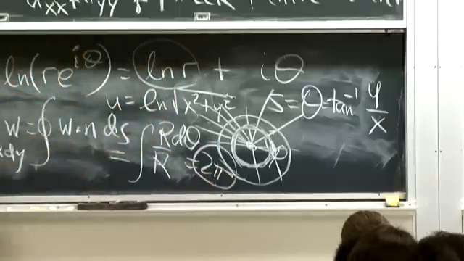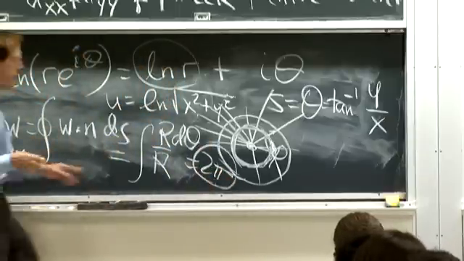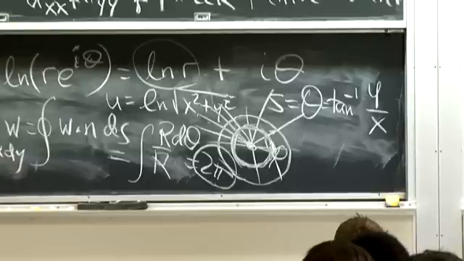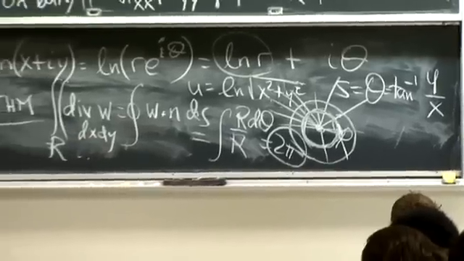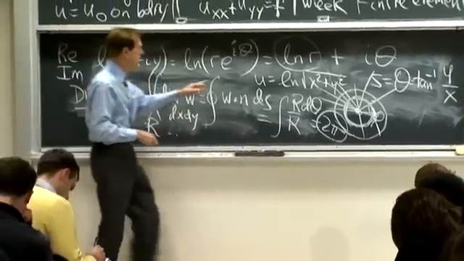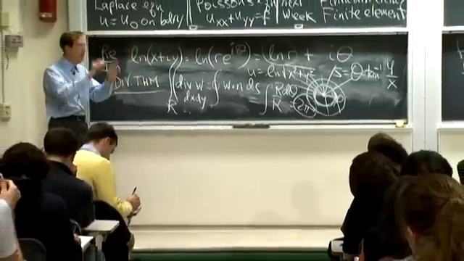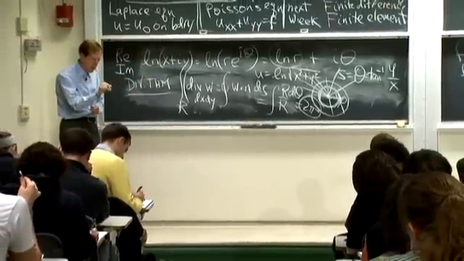So what do I learn from that? I learned that somehow this source on the inside has strength 2 pi. What's sitting in there is 2 pi times a delta function. This is the solution to Laplace's equation, except at that source term.